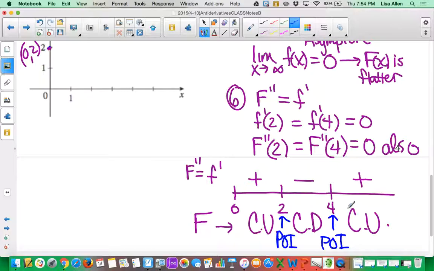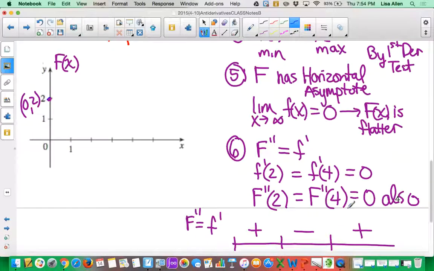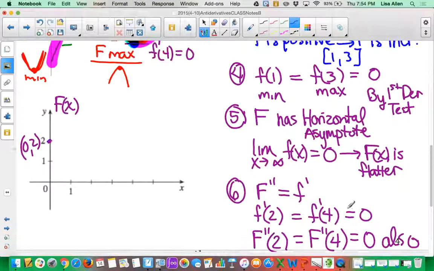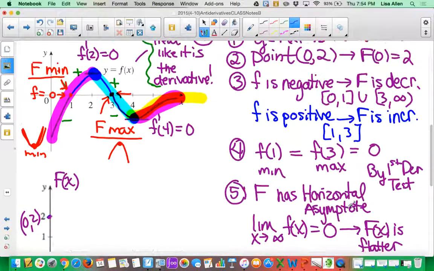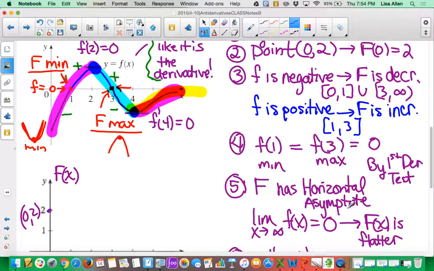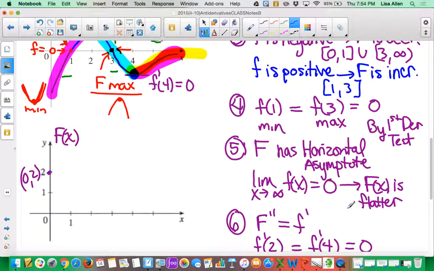So we start at the point 0, 2, and we know that the function is decreasing on the interval from 0 to 1 and 3 to infinity. When it's decreasing, remember we have a minimum at 1. So I'm going to go down just a little, and we're just doing a reasonable kind of sketch. Then it's going to come up a little, and at 2, I have a point of inflection.